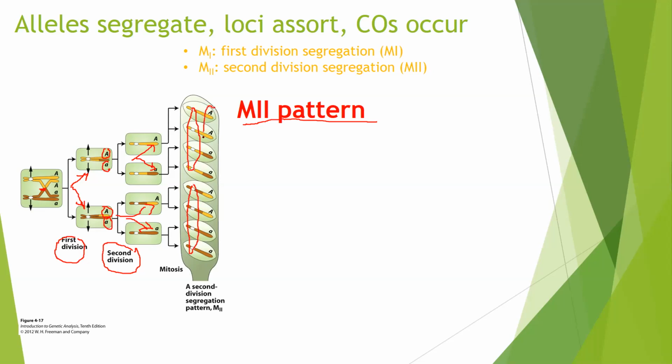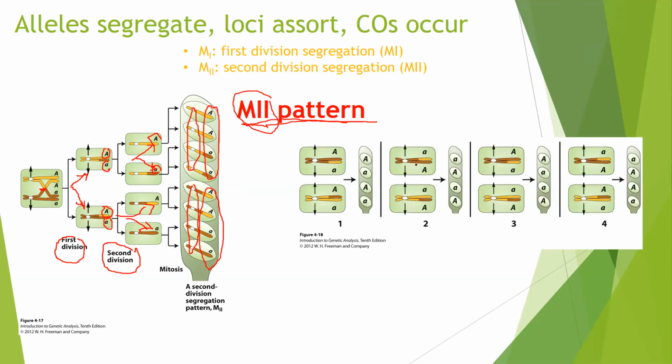However, you see a different pattern for this gene, right? If you see big A, small a, and big A, small a, this is different from the previous slides. Then we say this is an M2 pattern, because the big A and small a separate at the second meiotic division step. So we use a beautiful name, M2, to represent this pattern. Is that clear?